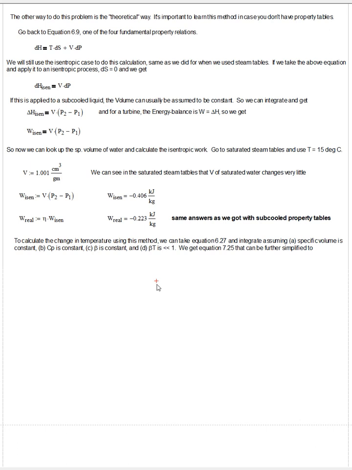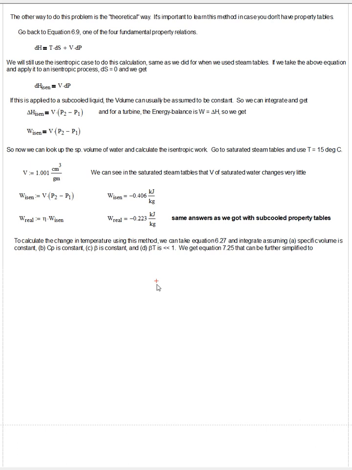Well, if you remember back in chapter 3, if I'm paging back in my textbook in chapter 3, we look at the value of beta. Remember, beta is the volume expansivity. That is, how does the specific volume of liquid water change with respect to temperature if the pressure is constant?